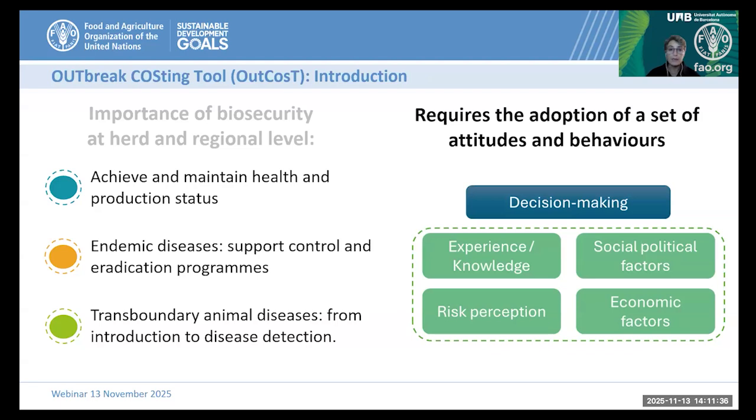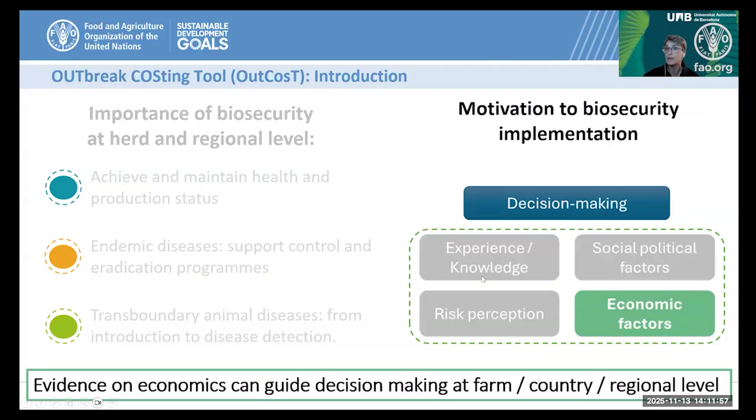However, the adoption and especially the maintenance of biosecurity requires a set of attitudes and behaviors of people toward the prevention of risk. And this can be determined by different factors. Some factors are more linked to the individual experience, such as knowledge and risk perception, and others are more general, such as social, political, and also economic considerations.